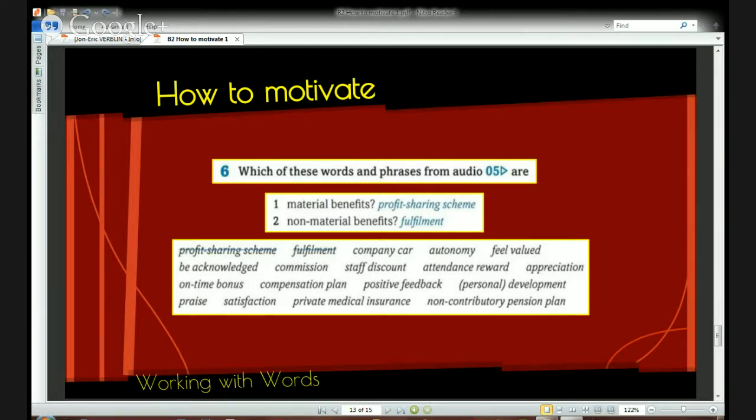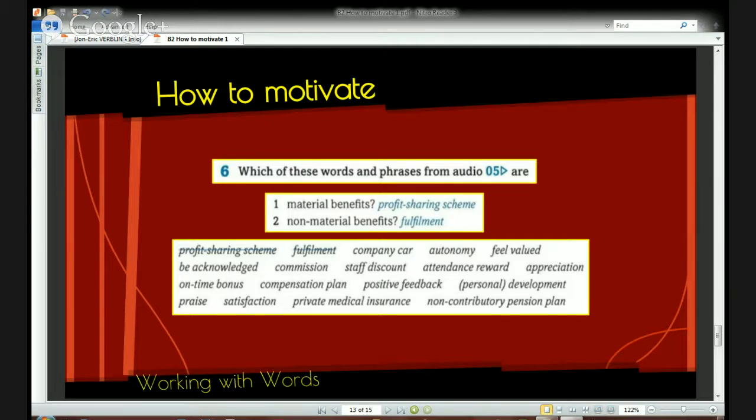Okay, and Yuki, the last one. A non-contributory pension plan is a non-material benefit. Why would it be non-material? Because, sorry, it's a material benefit. Yeah. It's your retirement money. Right? It's money. That doesn't mean that you don't receive your state retirement.